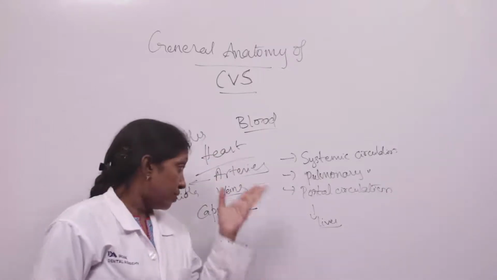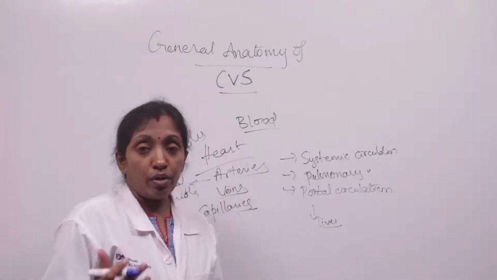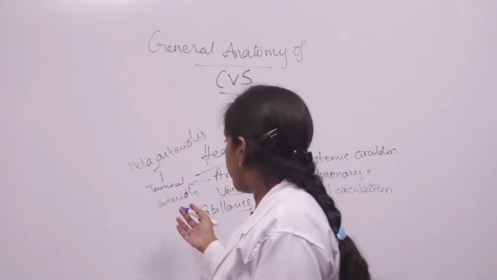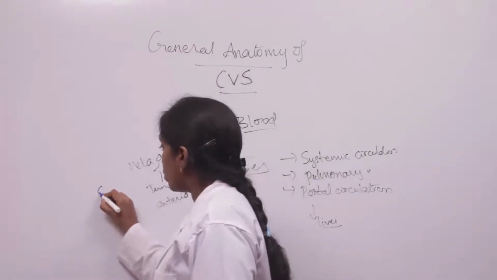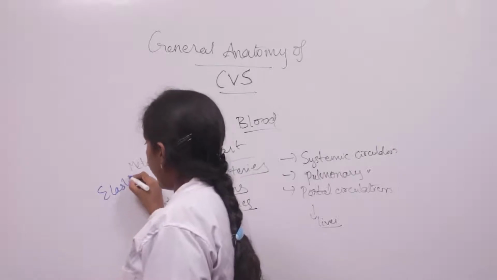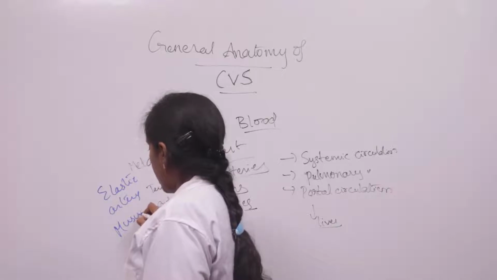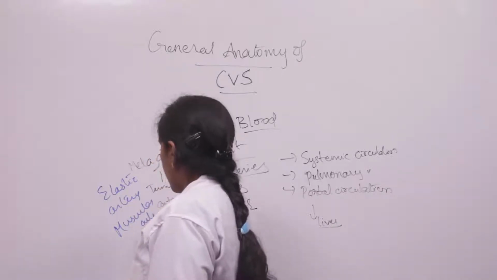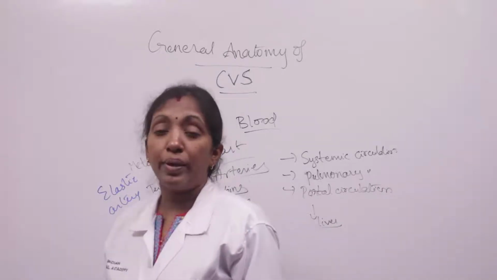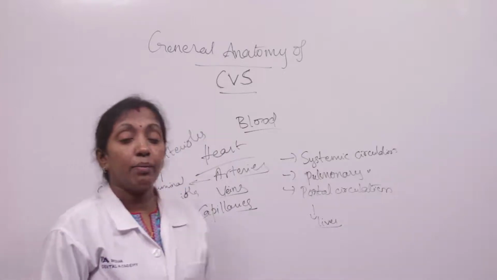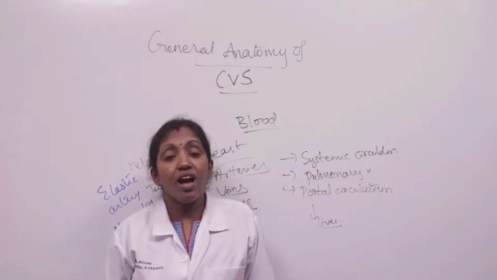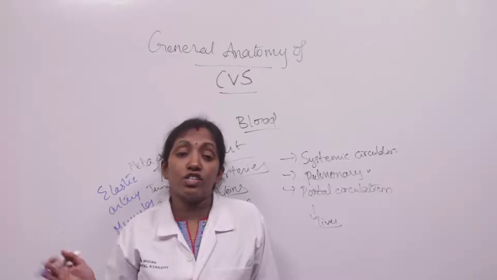Usually these arteries are divided into two types: elastic artery and muscular artery. In the microscopic anatomy, we are able to see tunica intima, tunica media and tunica adventitia. We have already discussed them during histology.